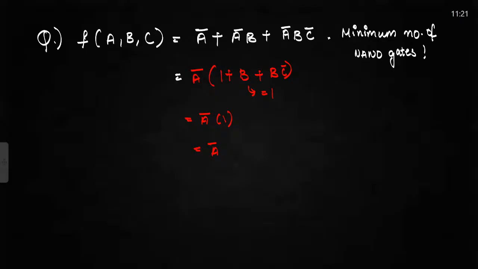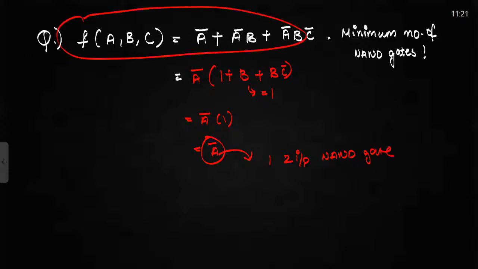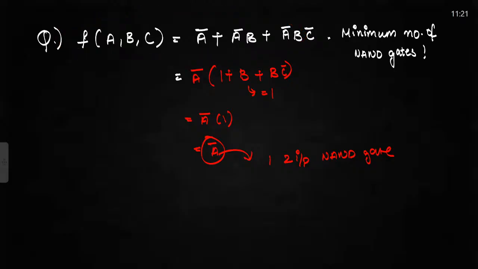So in order to implement a bar, I will require only 1 2 input gate. The other question is very big, but if you try to simplify this one, it is very easy.